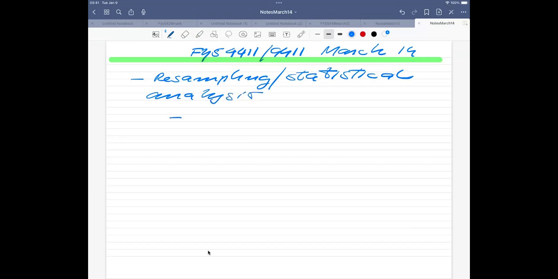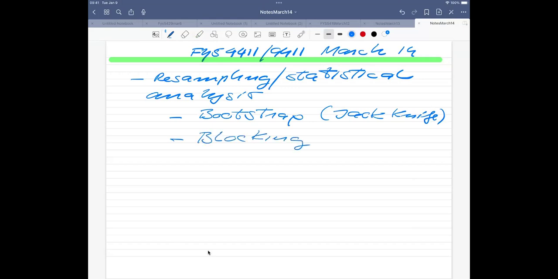We are going to focus on two methods. One is called the bootstrap, and this is extremely simple to set up. We may also say something about the jackknife. And then we have the blocking method.